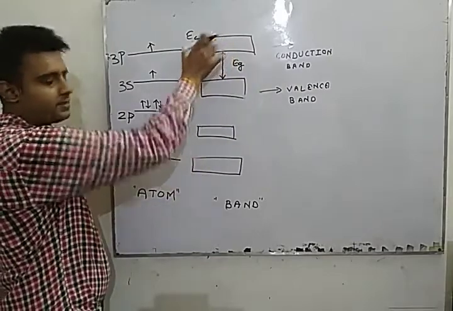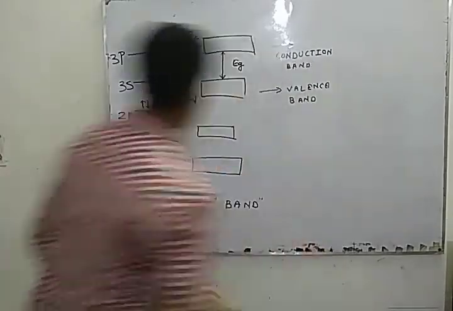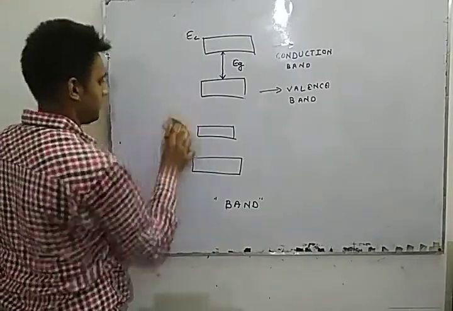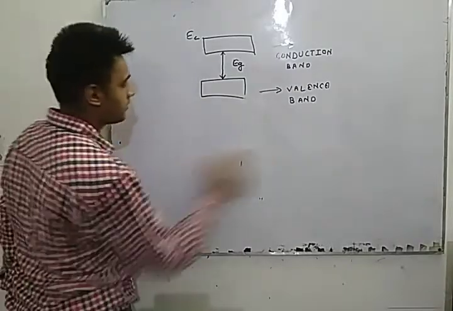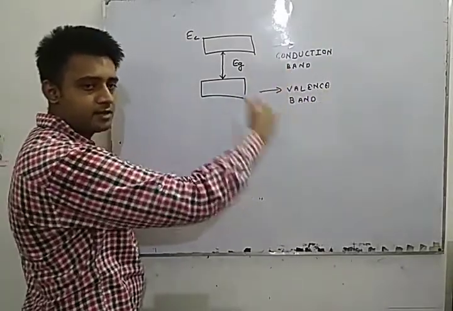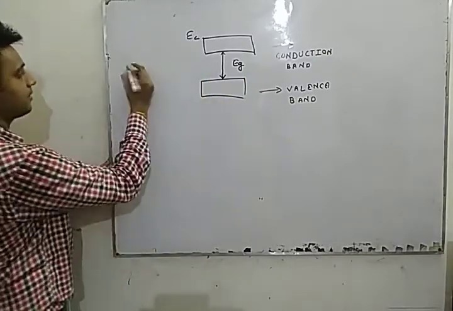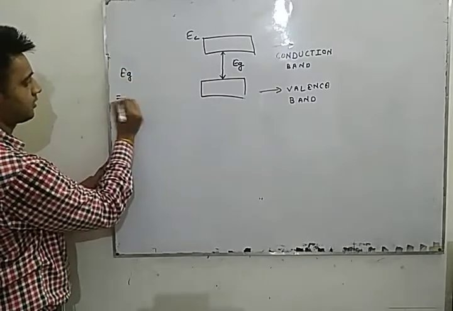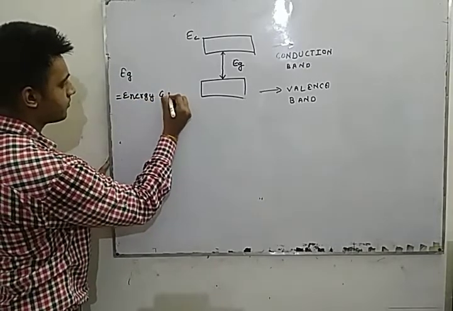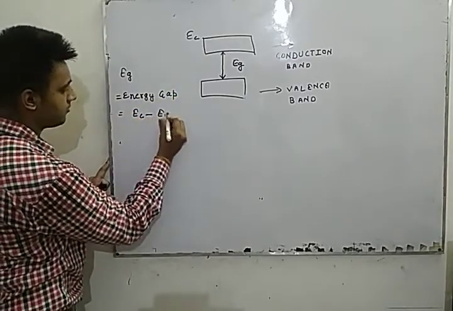EG is simply the difference between the energy of the conduction band and the energy of the valence band, EG equals EC minus EV. Now we have raised all the basic terminology, and from here we will go to more elaborate things like the PN junction, MOSFET, BJT and other electronic devices.